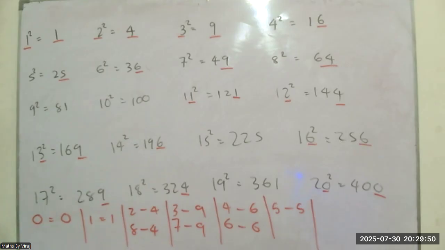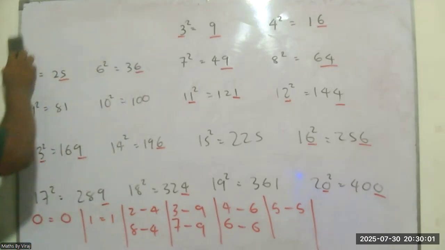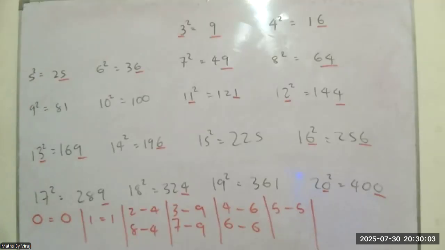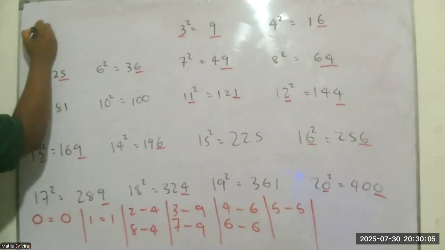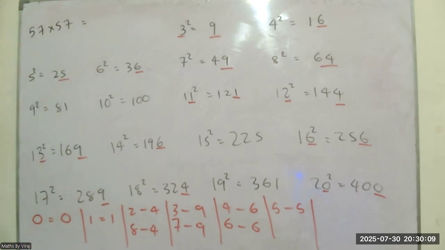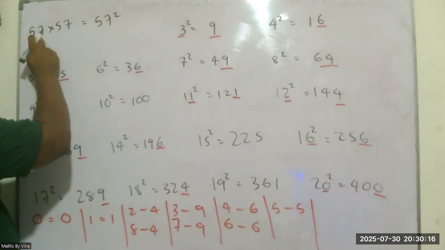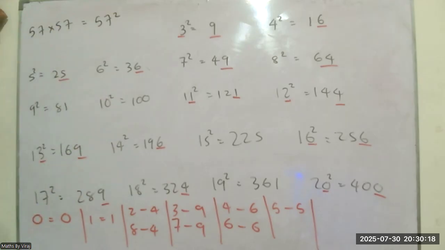Whatever number, if the last digit ends with the 1, the square number will also end with the 1. Let's take a random 2-digit number. 57 times 57, basically 57 squared. The last digit is what? 7.